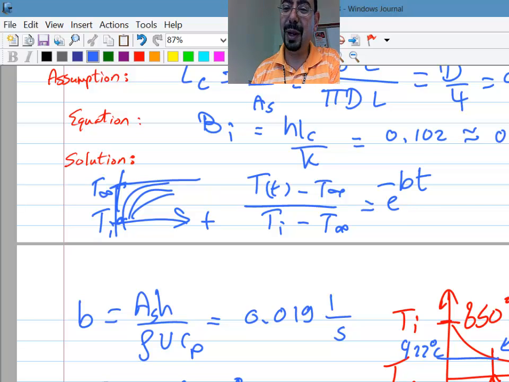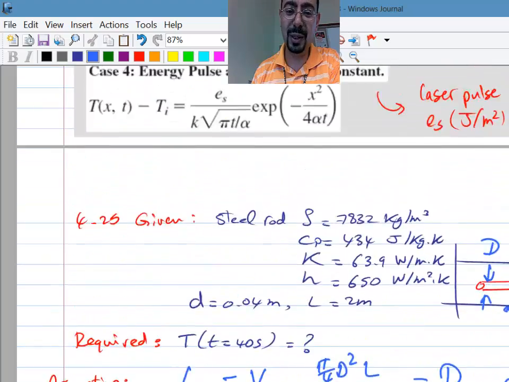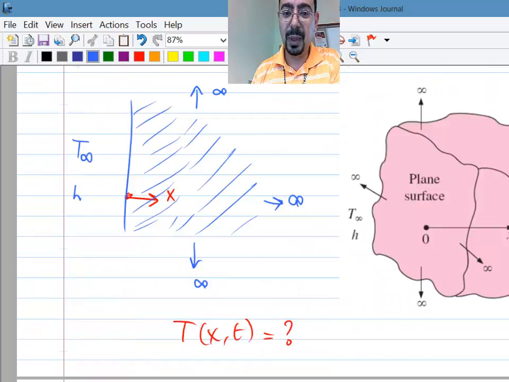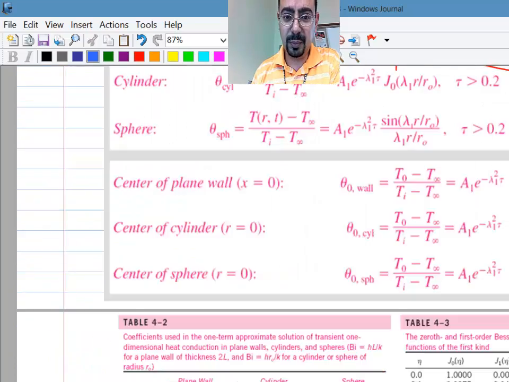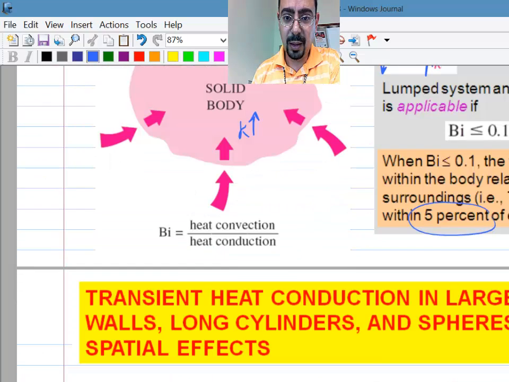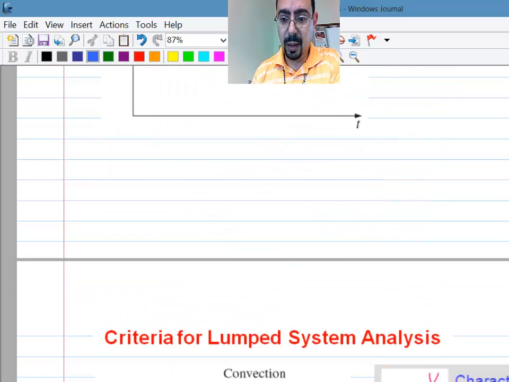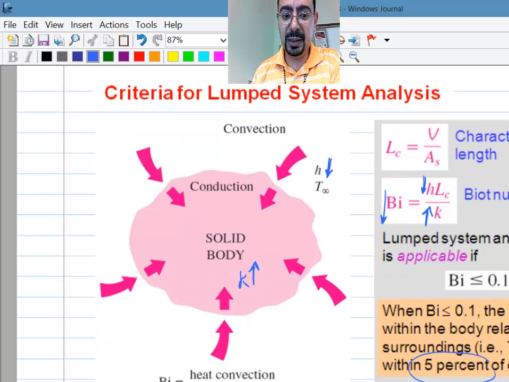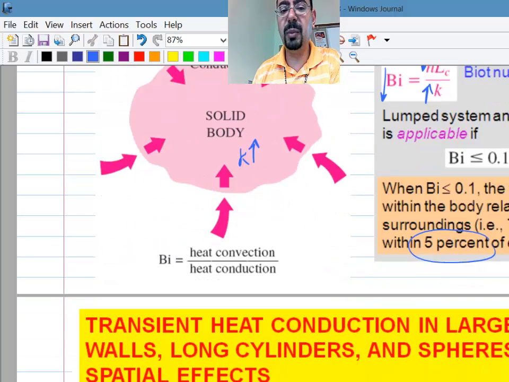But we will have to solve problems the other way also. Okay, so again, here is the criteria that we have to check, and we will see actually why this magic number was chosen. But let's take our 15 minutes break now.